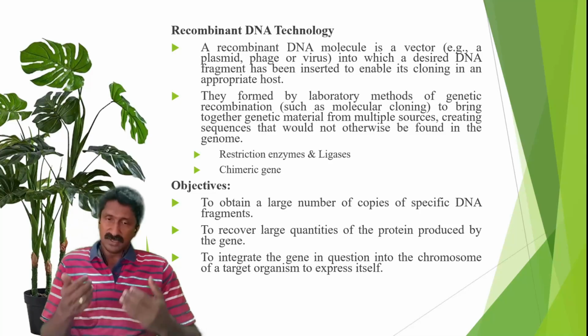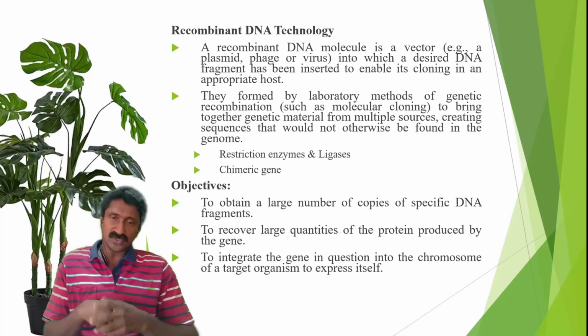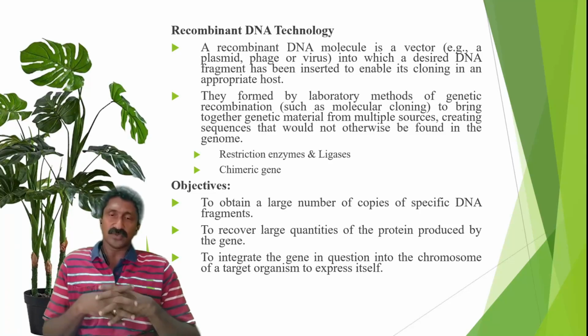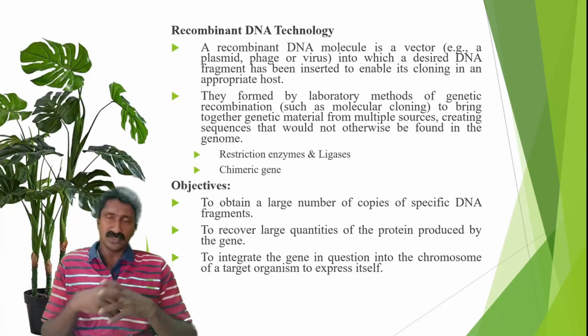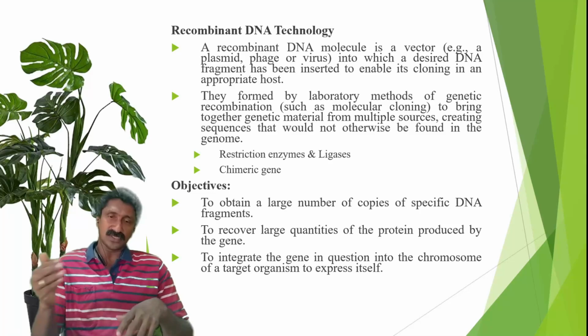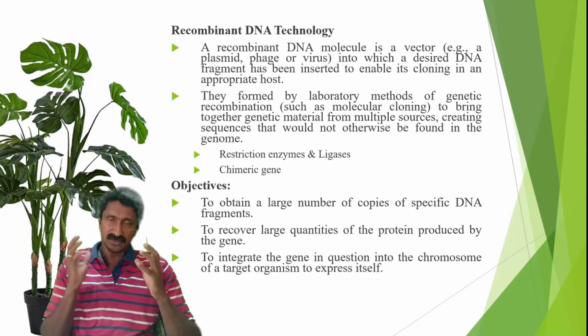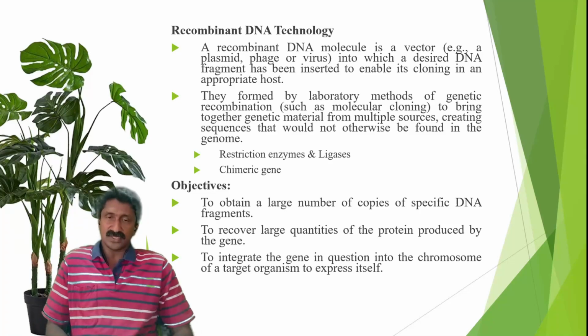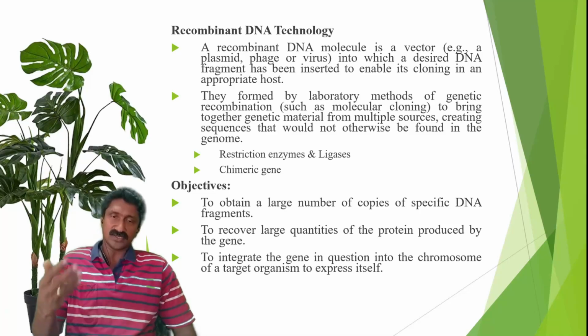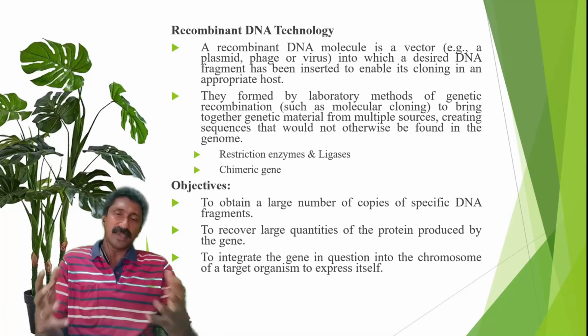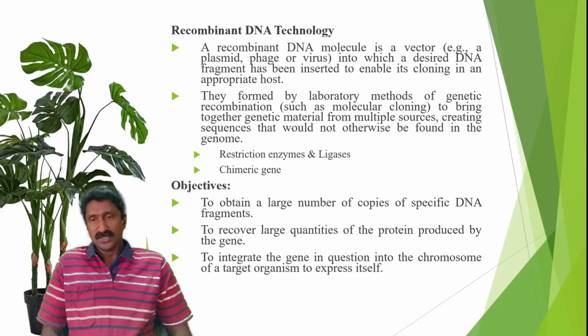For example, in the case of the green fluorescent protein, which is transferred by Agrobacterium tumefaciens into a plant, the gene is finally inserted in the host cell chromosome after the transfer, and the organism itself manifests that particular feature. So you have various purposes in doing such recombinant DNA techniques.